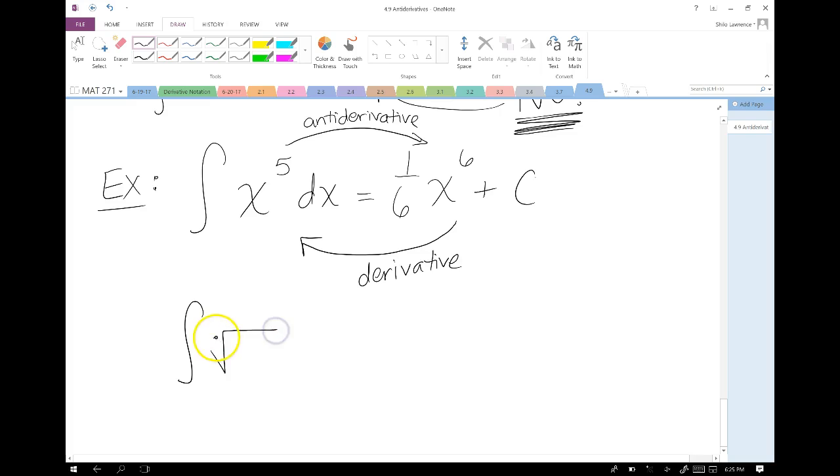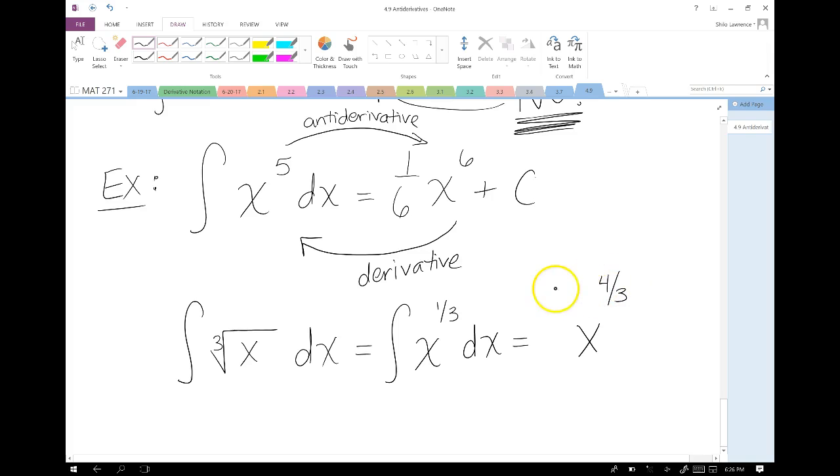Antiderivative of cubed root of x with respect to x. This one we can also do with power rule, because cubed root of x can be written as a power. We just have to rewrite it first. So cubed root of x is x to the 1/3. And then we can use the power rule we had above. So we said derivative makes the power go down 1. So we're going to make the power go back up 1. So 1/3 plus 1 is 4/3.